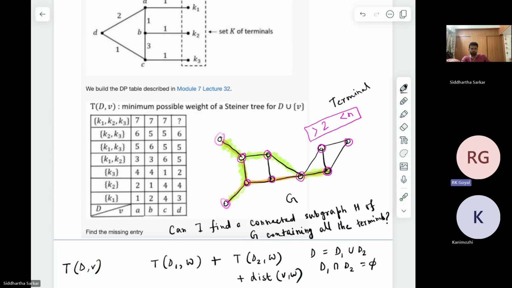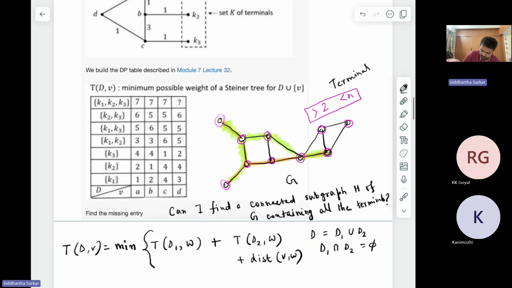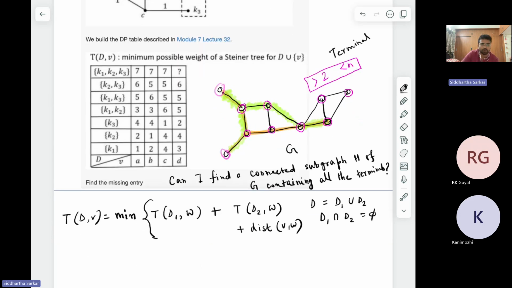So we can take the minimum out of these many possible values, but the possibilities of W would be pretty large. So W is over all non-terminals. There are many subproblems you have to consider. So the minimum is over all W, where W belongs to the non-terminals.